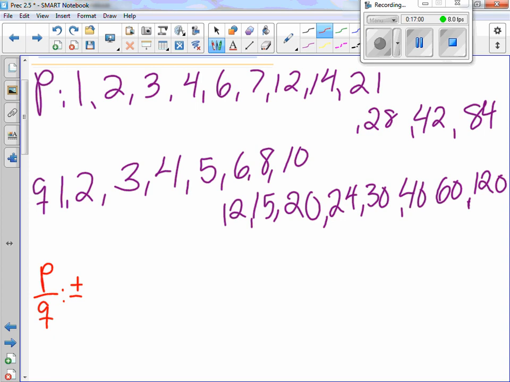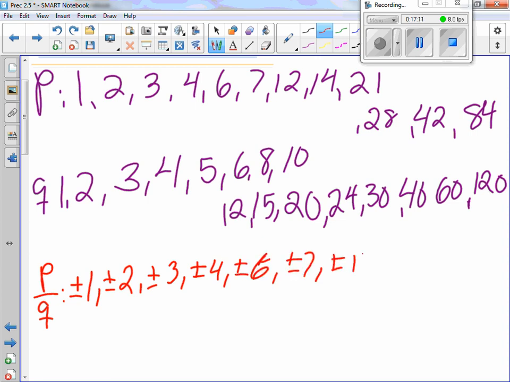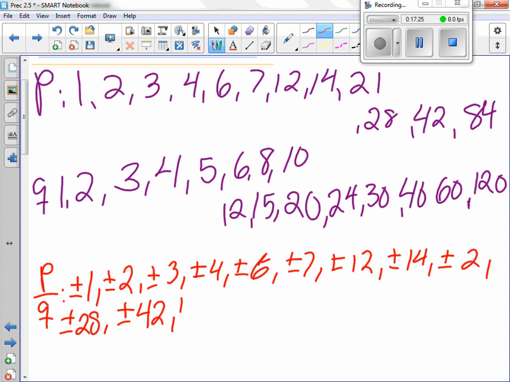So we're dividing everything by 1, so it's just plus or minus 1, plus or minus 2, plus or minus 3, 6, 7, 14, 21, 28, 42, and 84.